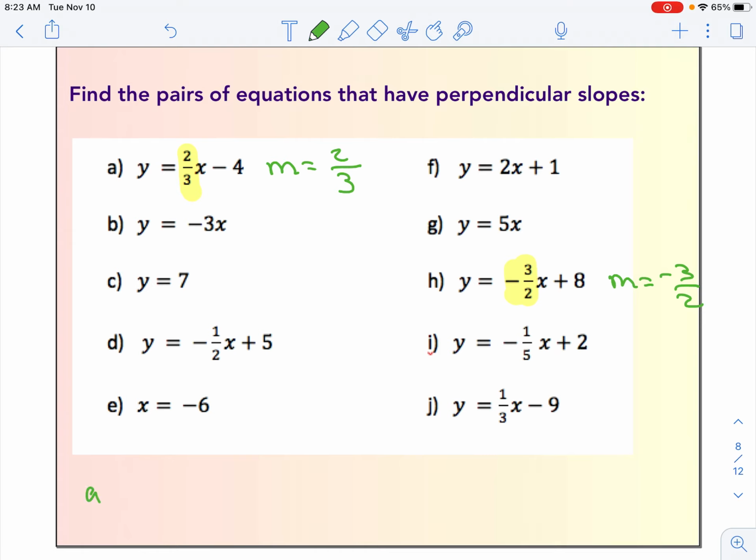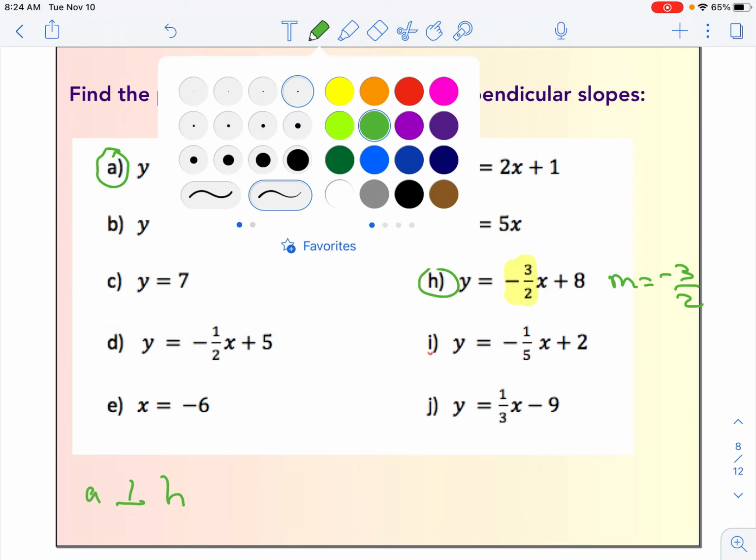So A is perpendicular to H. That's the symbol for perpendicular. You'll learn that more in geometry. It's fine if you just write perpendicular. I said B, whoopsie. So A and H.